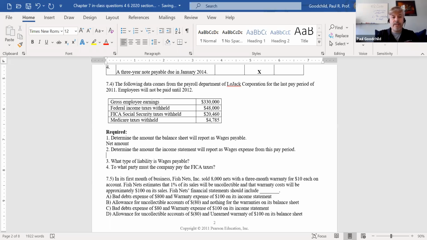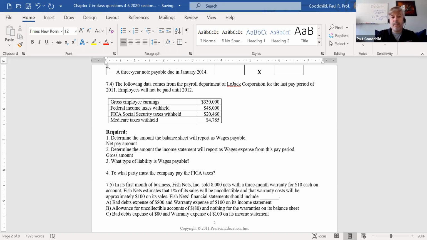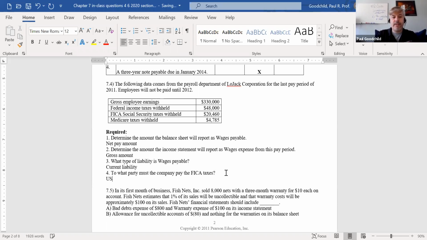The wage expense is the gross amount. What type of liability is wages payable? It's a current. And to what party must the company pay the FICA taxes? The US government, or sometimes we'll say US Treasury. So calculate those two and type that in private message to me.